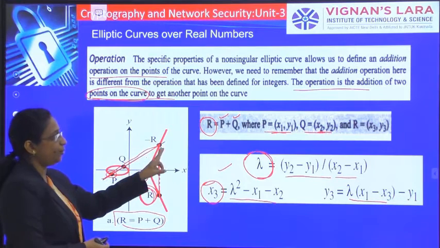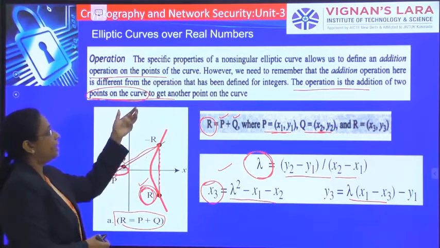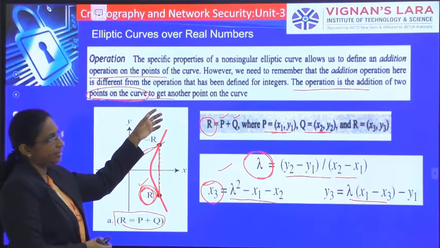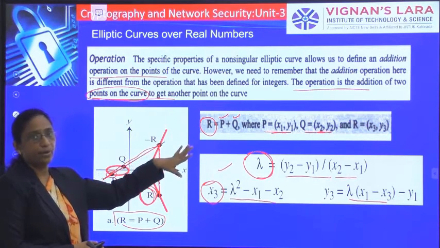So that is adding 2 points on the curve, and the resulting point should also be a point on the curve.